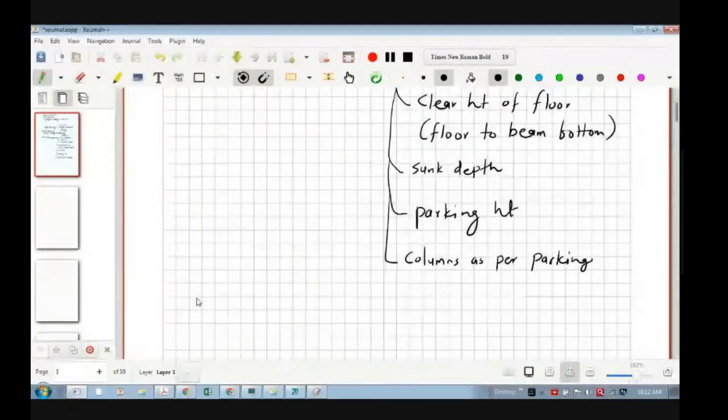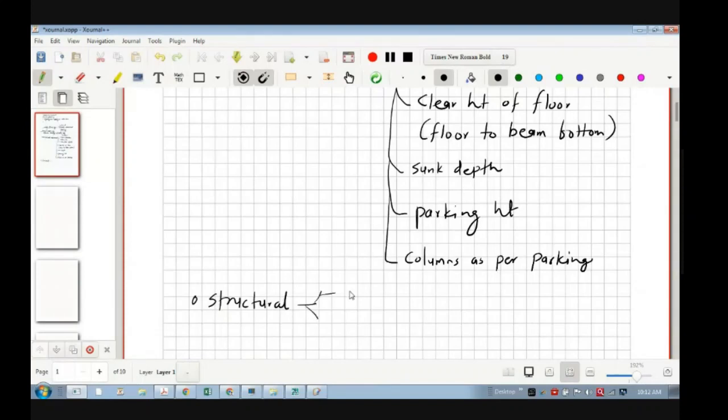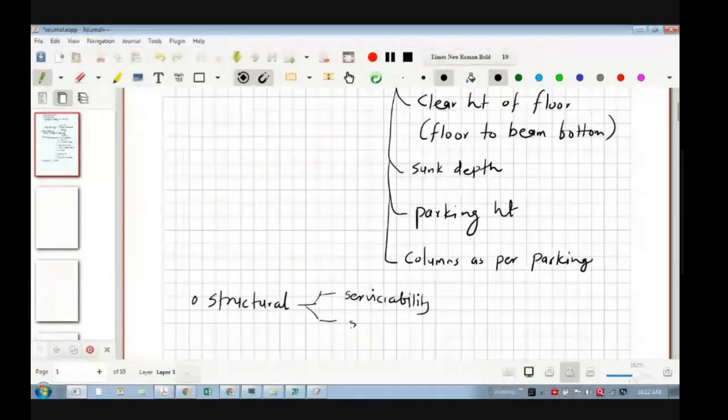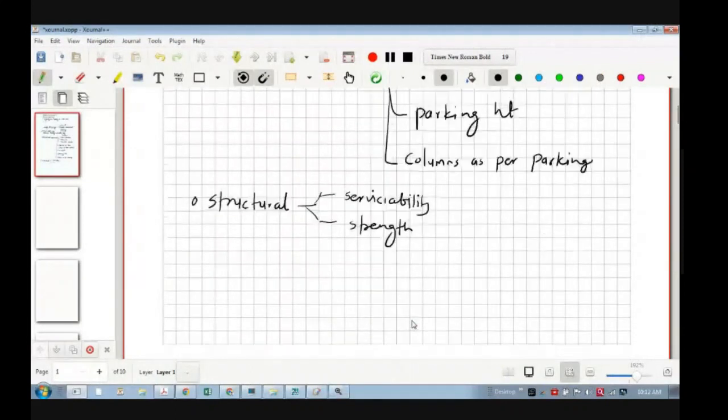Then apart from the architectural point, we take the structural point also into consideration. So for structure, generally we consider the serviceability part. We consider every point actually: serviceability, then strength. Then functional requirement.